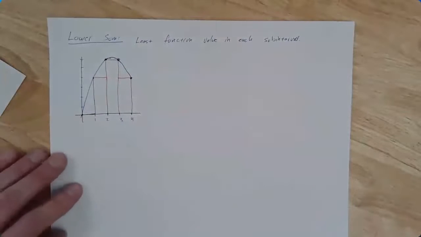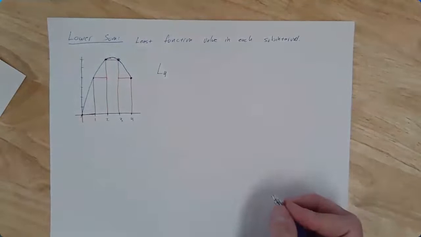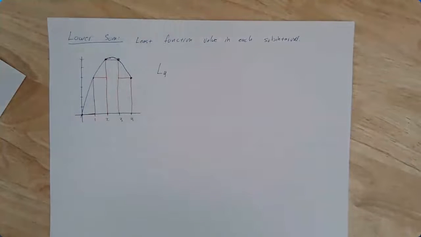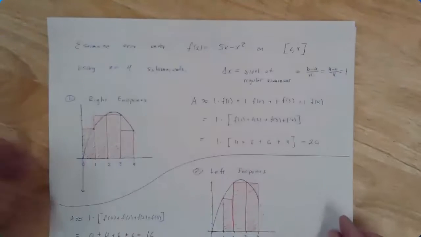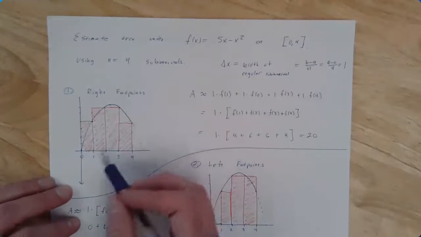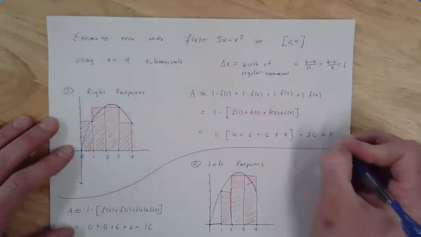So here our lower sum, which we typically write, oh yeah, I feel like there's a different letter to use for lower. So let me go back to the previous picture just a second. Usually when we're using right endpoints and 4 subintervals, we typically call this R4.